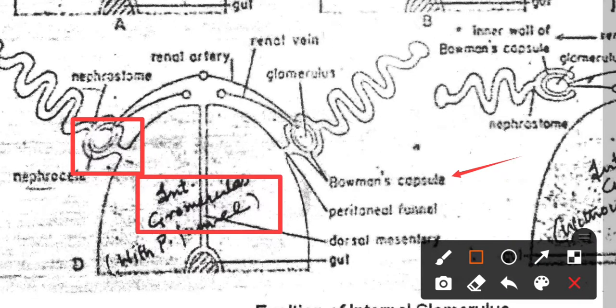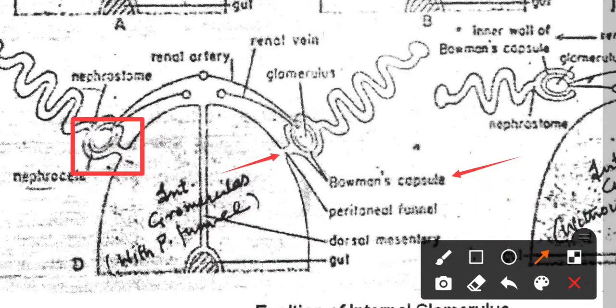But students, this is another thing to note, that this is again a transition state, and here the glomerulus is internal in position, but still the peritoneal funnel is present.